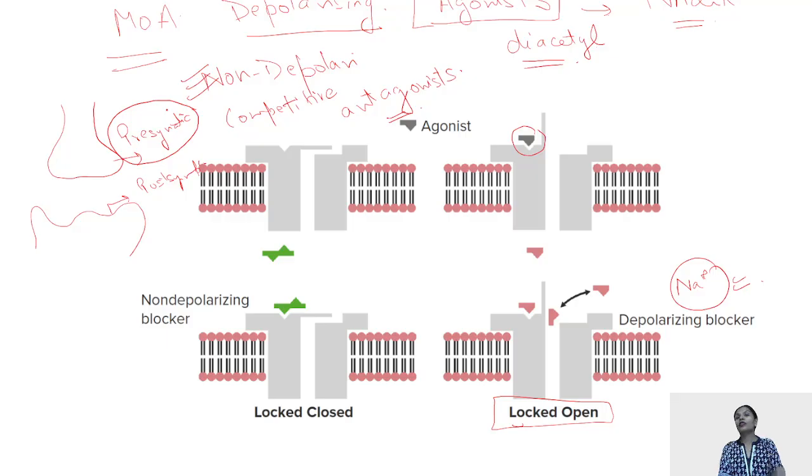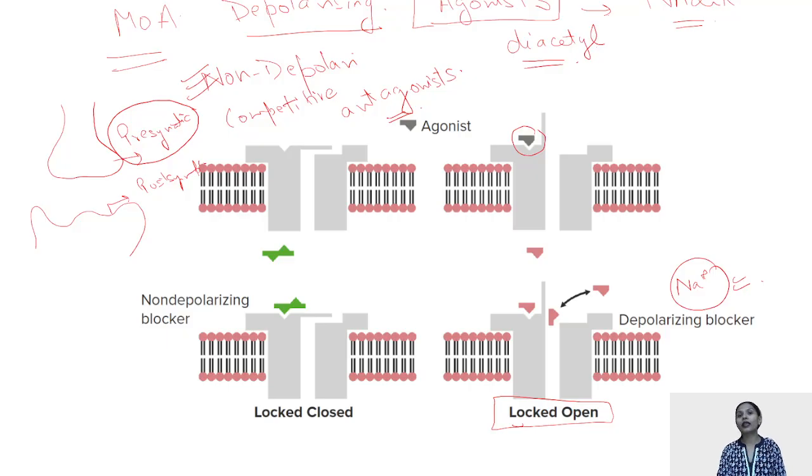What was the function of these presynaptic receptors? These presynaptic receptors were also responsible for increasing the release of your acetylcholine. Depolarizing muscle relaxants always have a shorter duration of action, and they are not going to act on the presynaptic receptors.